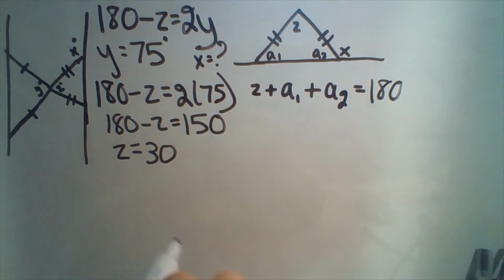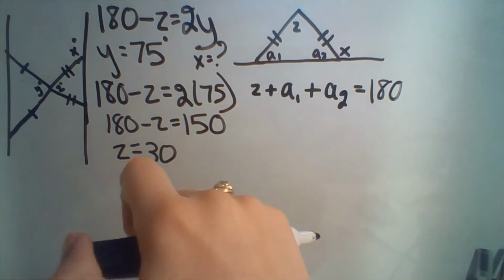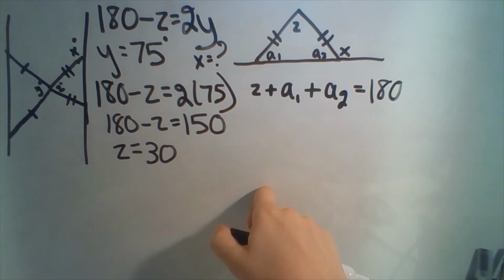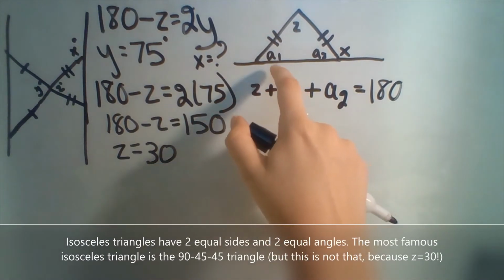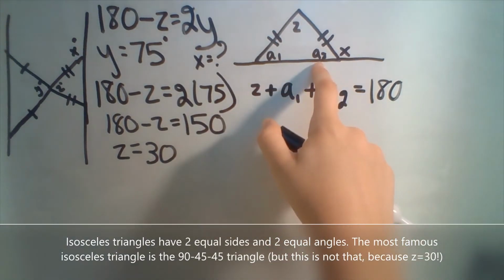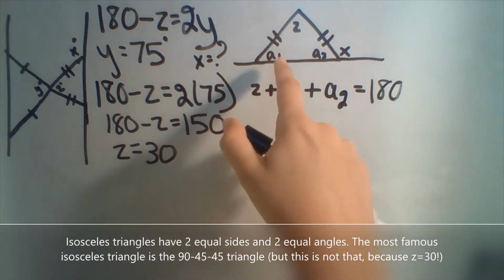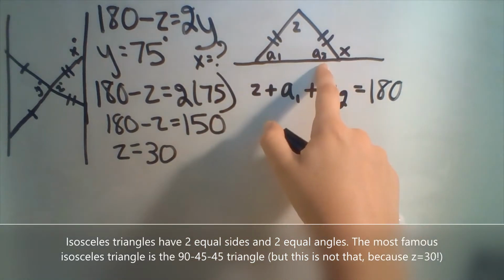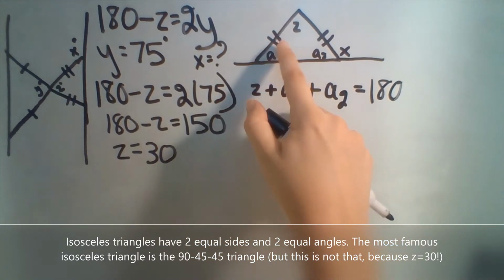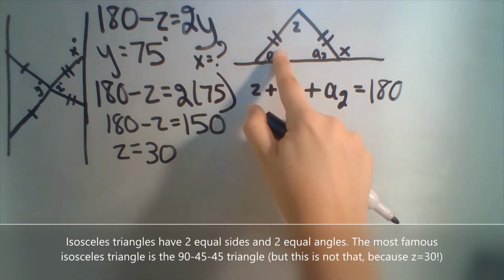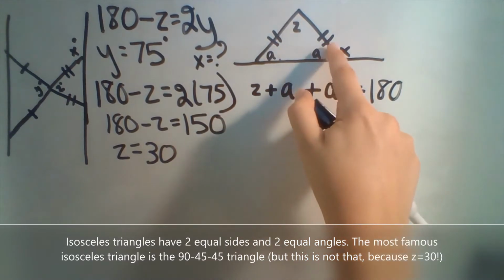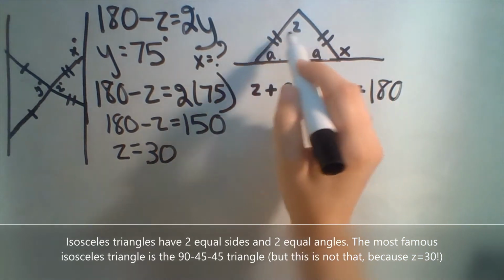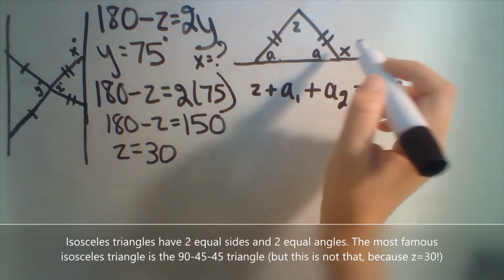And here is where the quick refresher on isosceles triangles is really important. What do we know about A1 and A2? In this case, we know that A1 and A2 are equal to each other. It's just one angle, just A. And that's because these lines are equal to each other, the measurement of these lines.